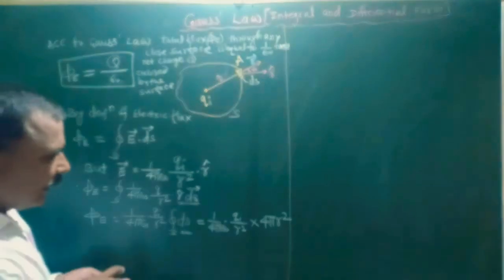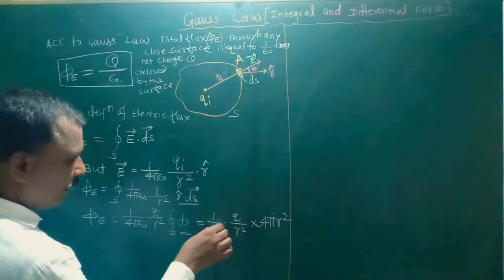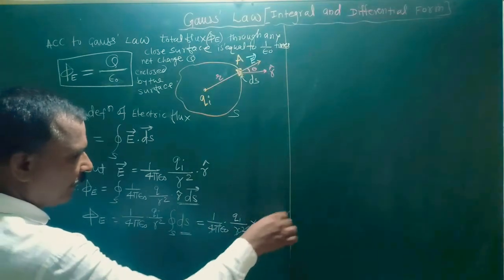And here this 4 pi cancels with this 4 pi, and R square also cancels with this R square.